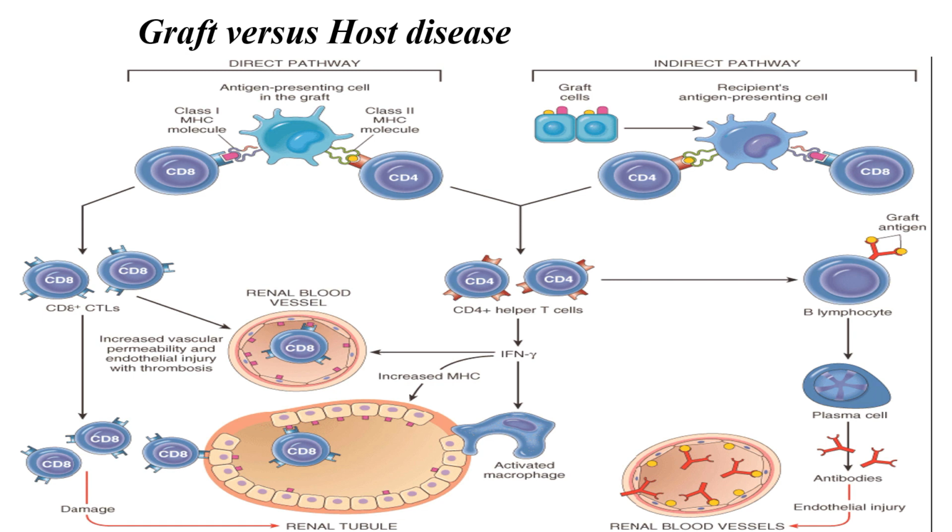In the direct pathway, donor class 1 and 2 MHC antigens on antigen presenting cells in the graft are recognized by host CD8 cytotoxic T cells and CD4 helper T cells, respectively, and CD4 cells proliferate and produce cytokines which induce tissue damage by local delayed hypersensitivity reaction.